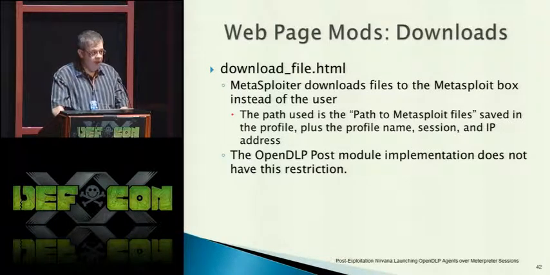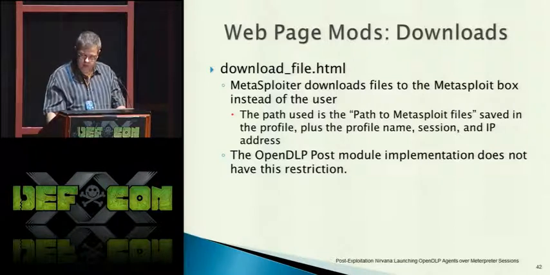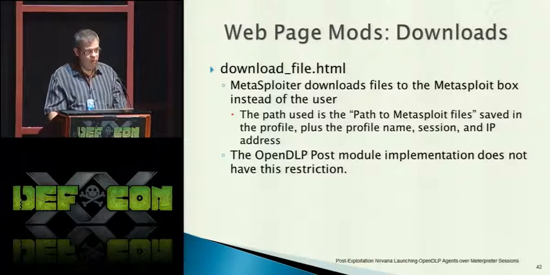I also had to change download file for the Meterpreter-based deployment. Because files can't be downloaded with the Meterpreter-based deployment, you can't get it all the way to the OpenDLP web app.